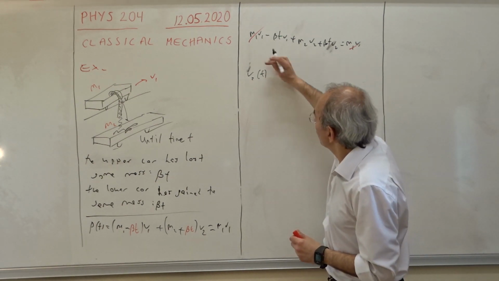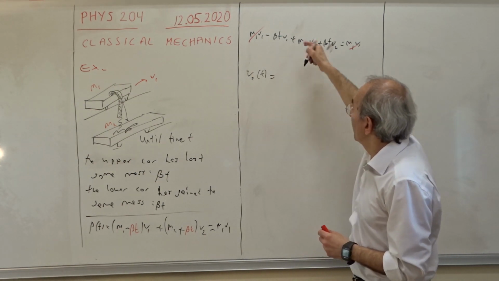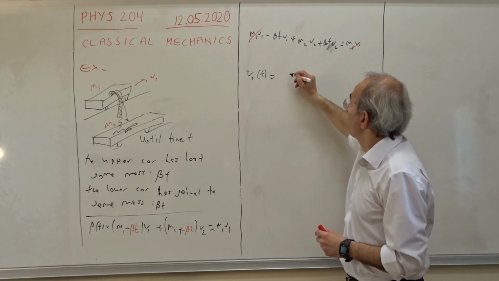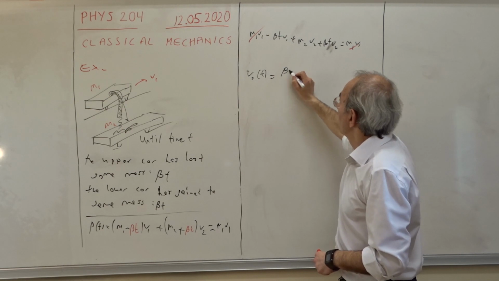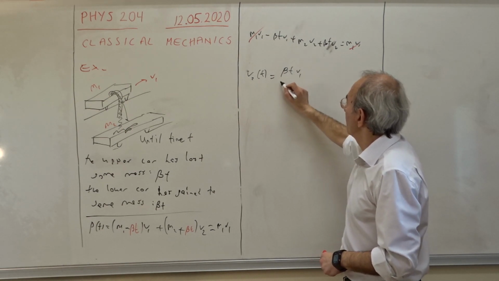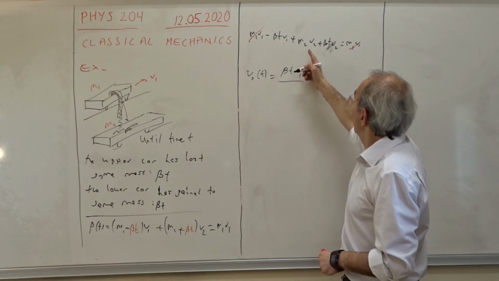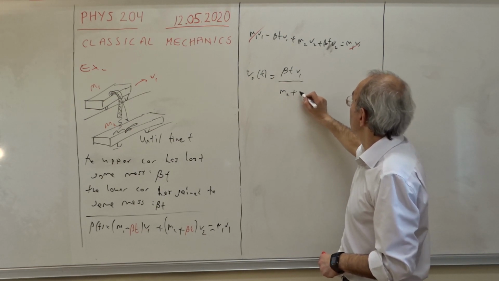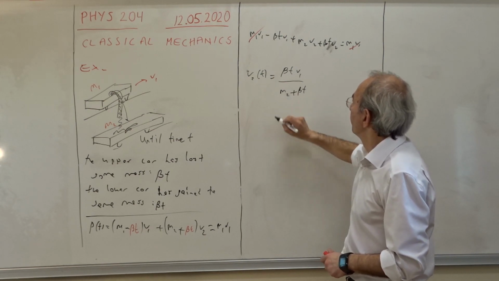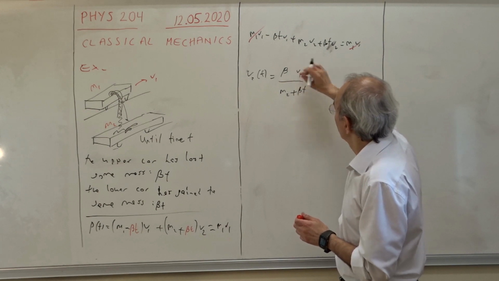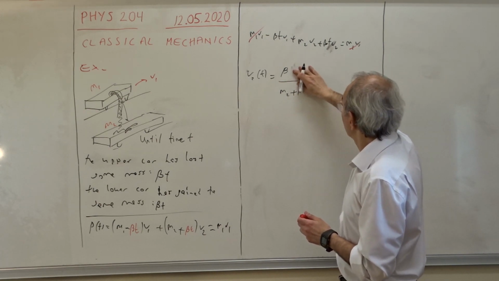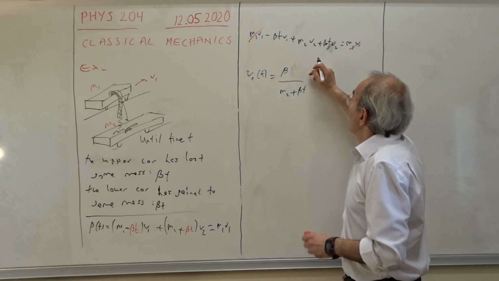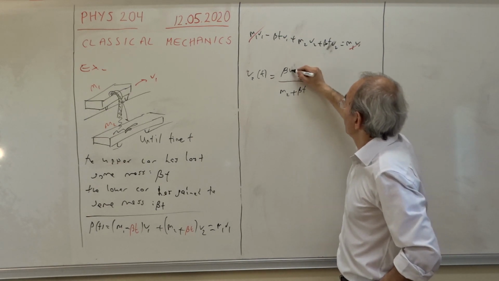So v2 of t will be, taking it to the other side, beta t v1 divided by m2 plus beta t. Or let me write t separately: t times beta times v1.